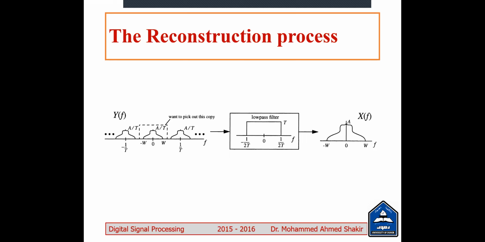Now, Y of f or Xs of f is the sampled signal in the frequency domain. Here we have replicas of the original signal. Now it will be multiplied by the low pass filter to pick up this one, to get X of f.